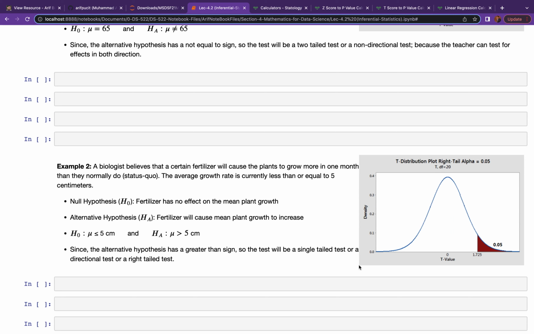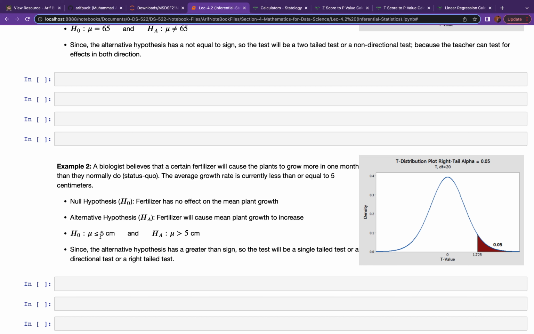Suppose a biologist believes that a certain fertilizer will cause the plants to grow more in 1 month than they normally do. And the current mean growth rate of plants per month is less than or equal to 5 centimeters.